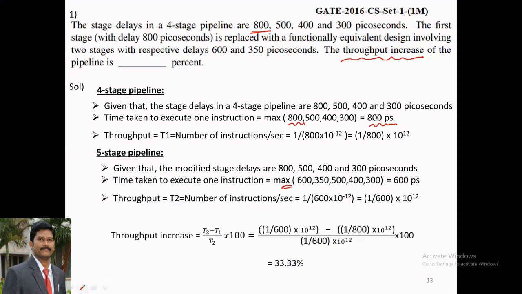Now the formula is (T2 minus T1) by T2 into 100. That means (1 by 600 into 10 power 12 minus 1 by 800 into 10 power 12) divided by 1 by 600 into 10 power 12. That is 33.33%.